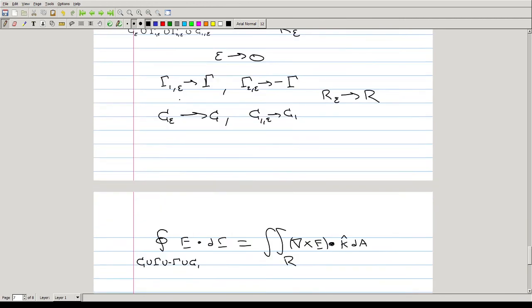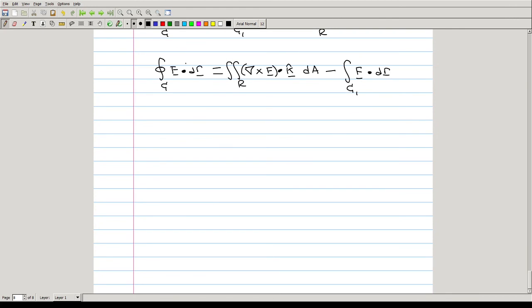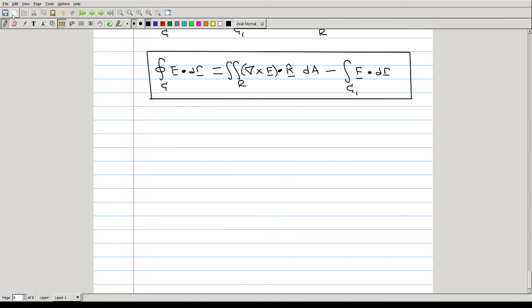And C1 is traversed in the opposite direction, so it's the clockwise direction, whereas C is traversed in the counterclockwise direction. So this is Green's theorem. So R has one hole.